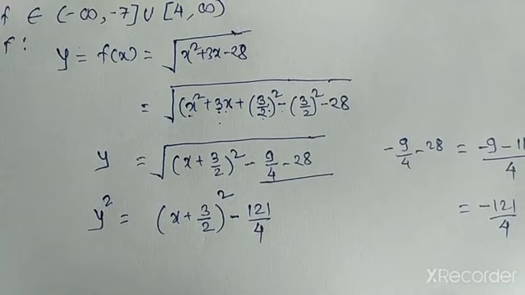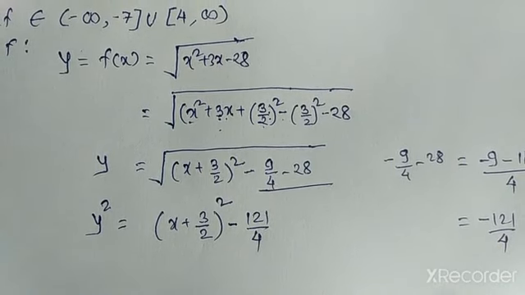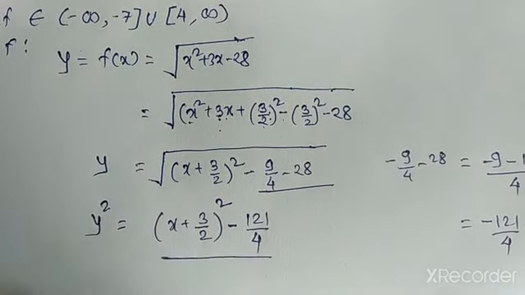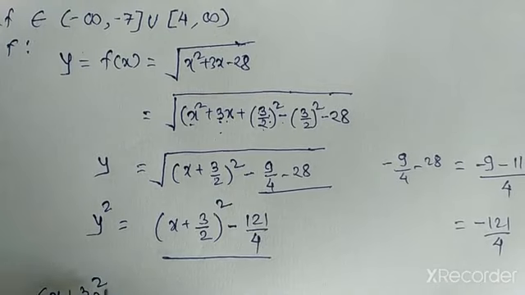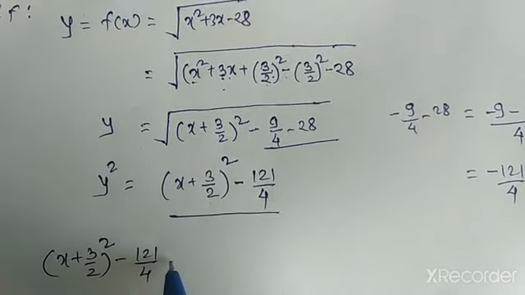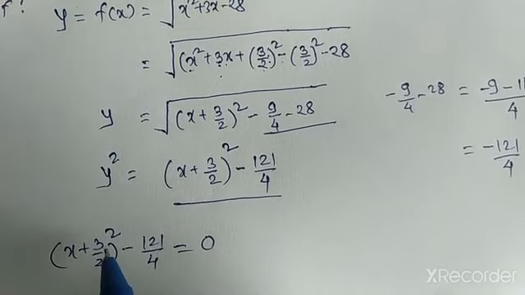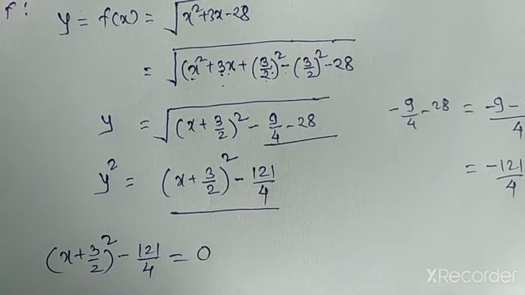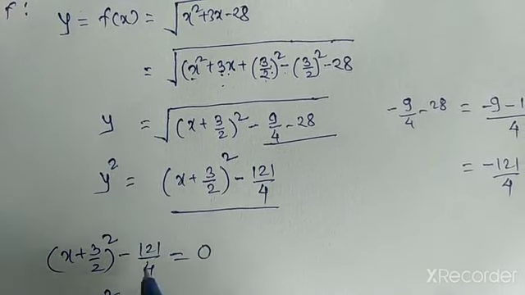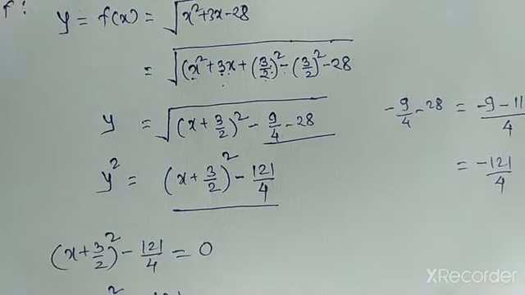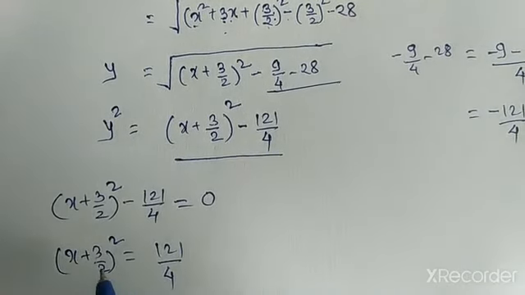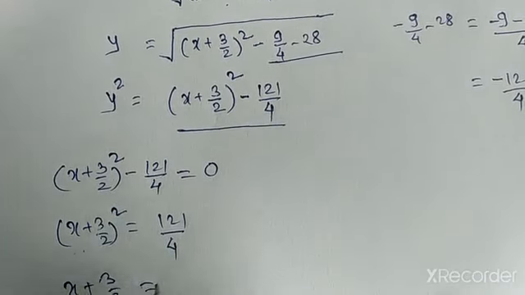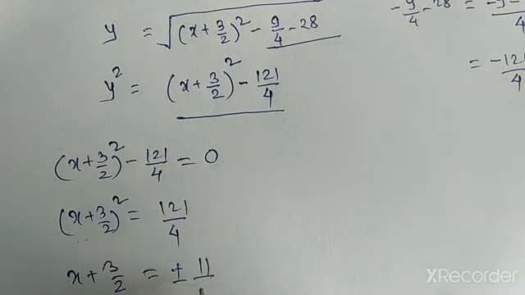Now we have to find the values of x here. So if we consider only the right side, (x plus 3 by 2) bracket square minus 121 by 4 equal to 0, we can get the values of x such that (x plus 3 by 2) square is equal to 121 divided by 4. Now if we take the square root, we get x plus 3 by 2 is equal to plus minus 11 upon 2.